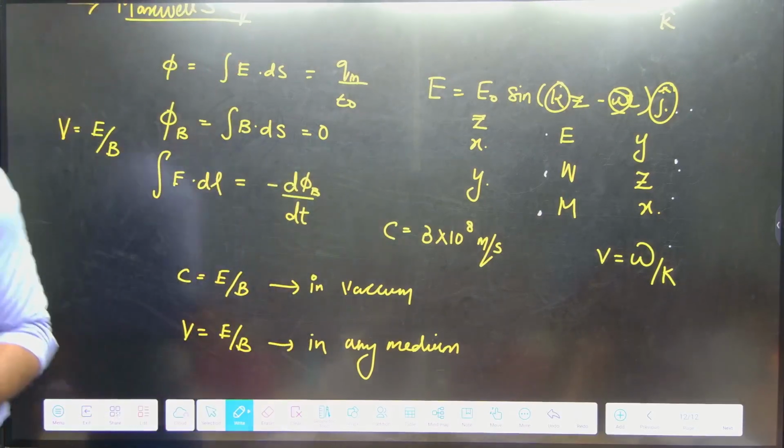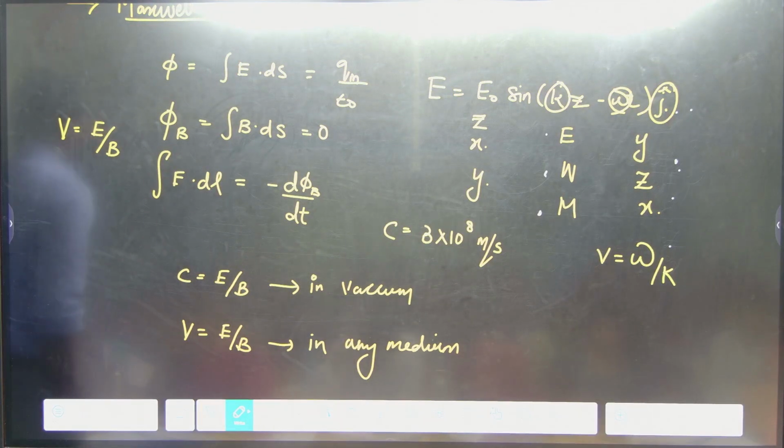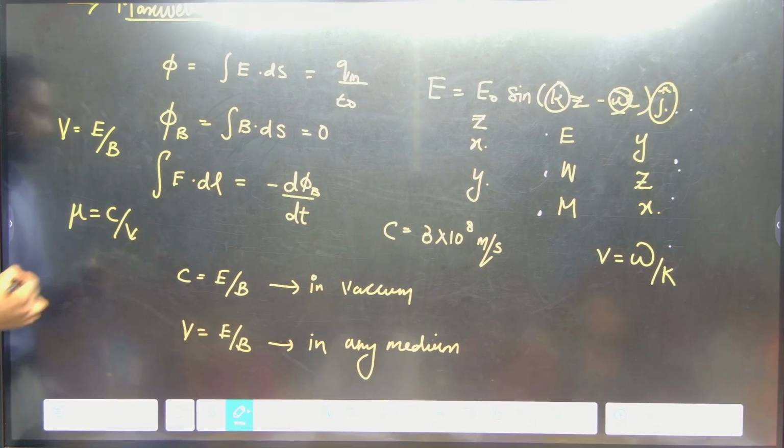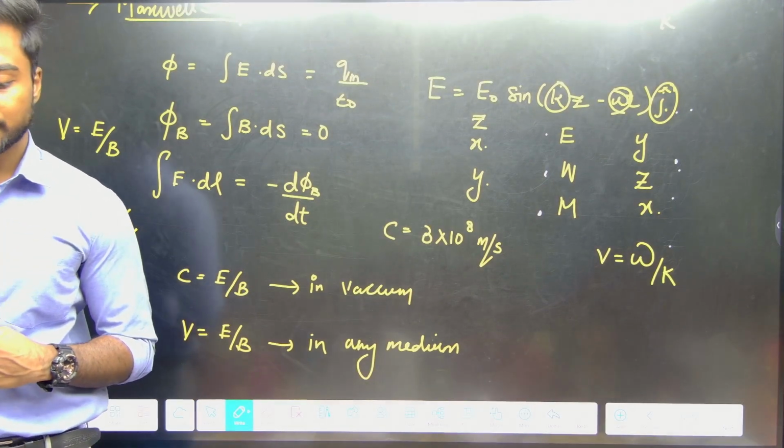Mu equals C by V. That is the first formula. Write down, mu equals C by V.